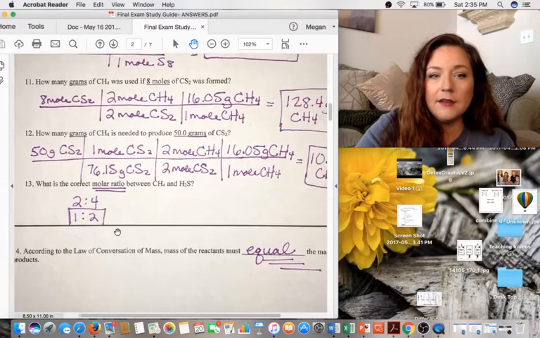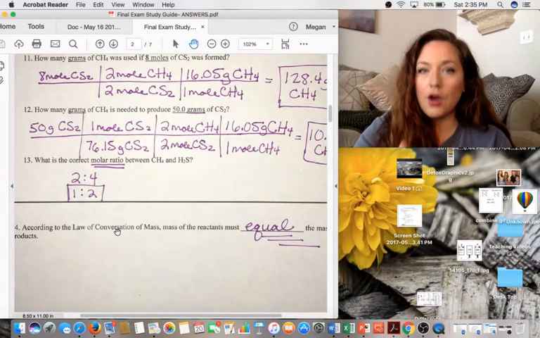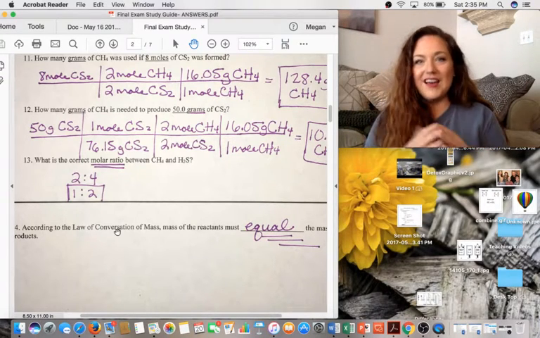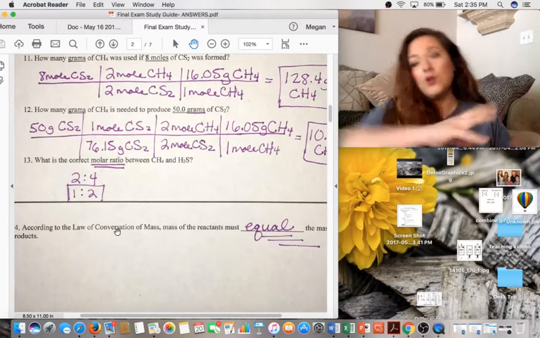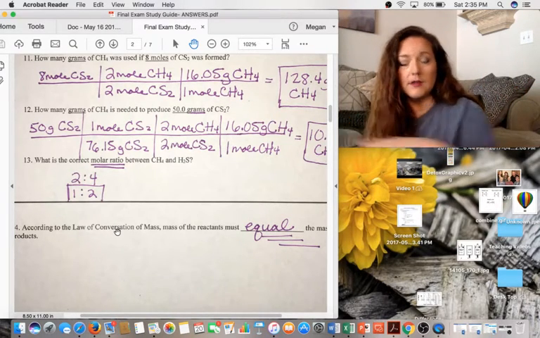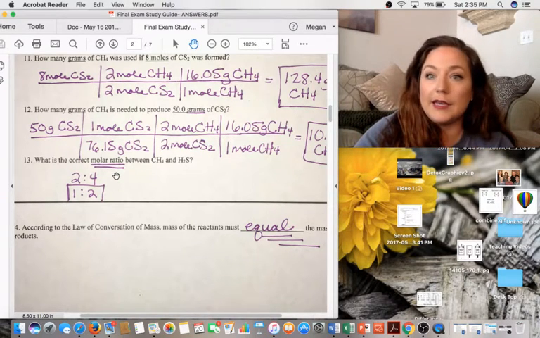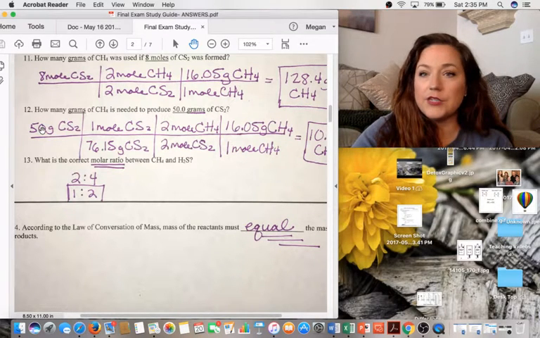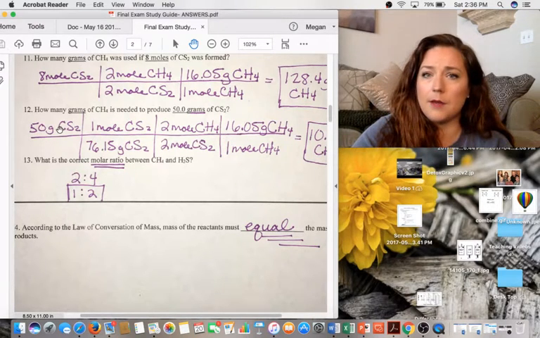All right, number 12. These are the harder ones. This is where people stumble a lot. Again, please remember, you cannot simply jump from grams of one compound automatically to something else. You have to get it into moles first, to do a mole to mole ratio. So the first thing I do, I have 50 grams of CS2. That's my starter, so it goes on top right here.